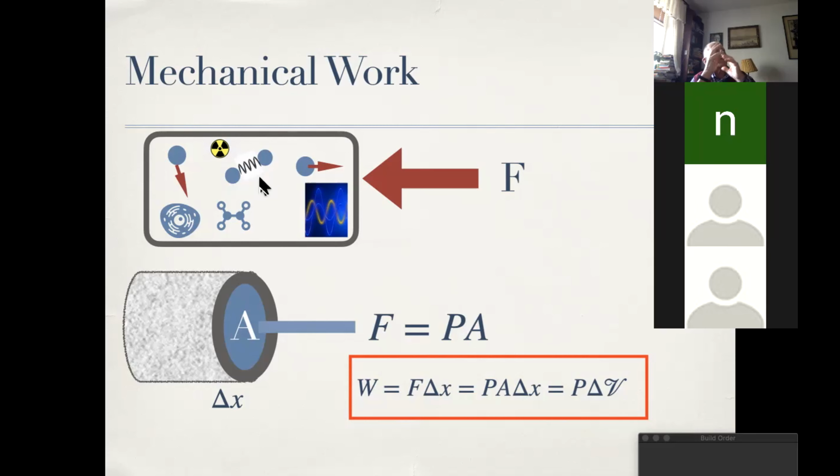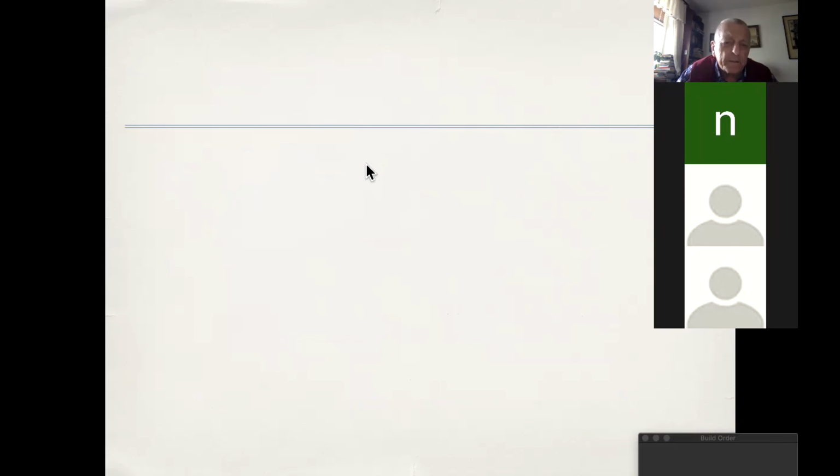In general, the work done by external perturbation of a system will be something like pressure times change of volume. Of course, there will be different units and different quantities, but they always will have the same property: one of them will be independent of the size of the system, be intensive, and the other will be an extensive quantity.